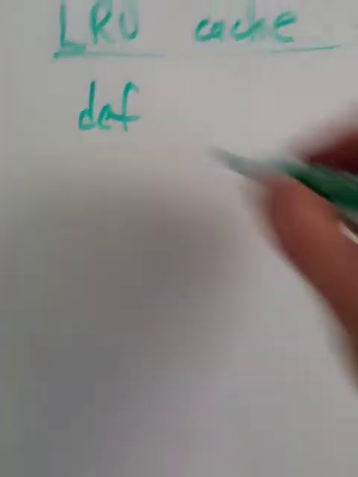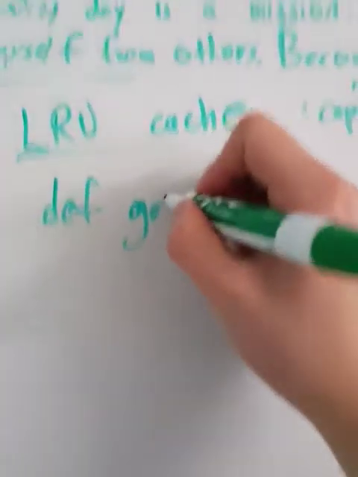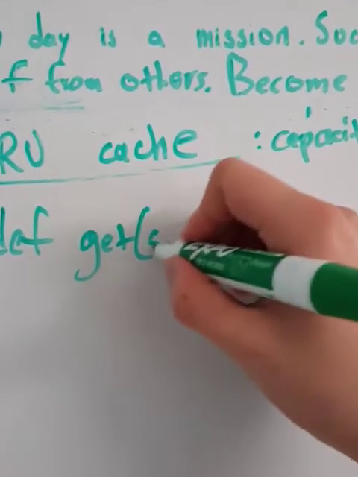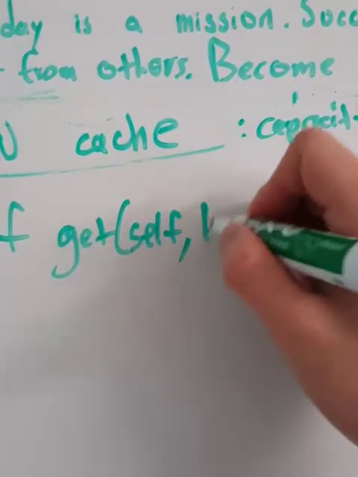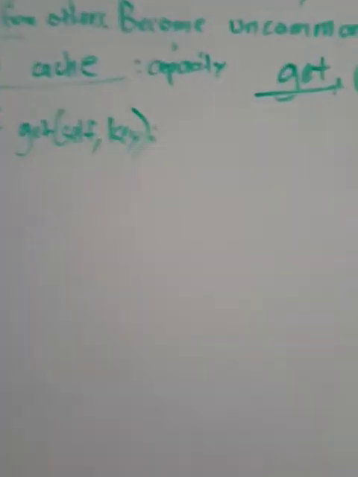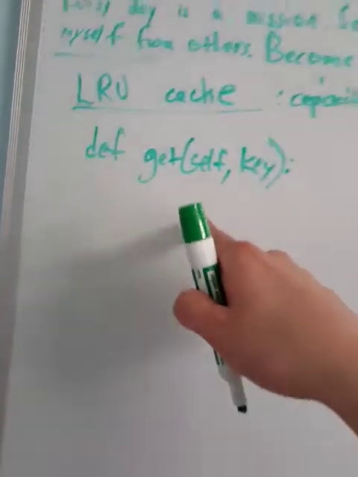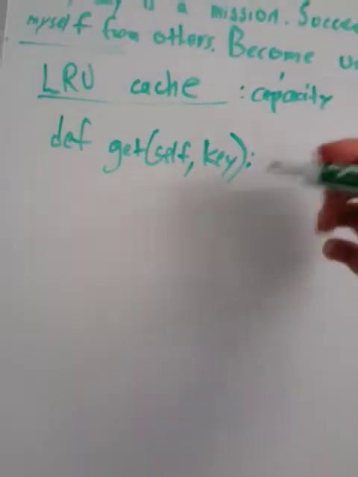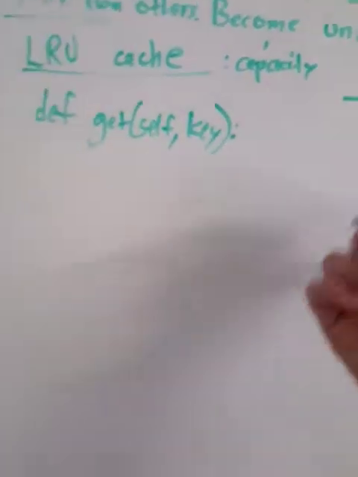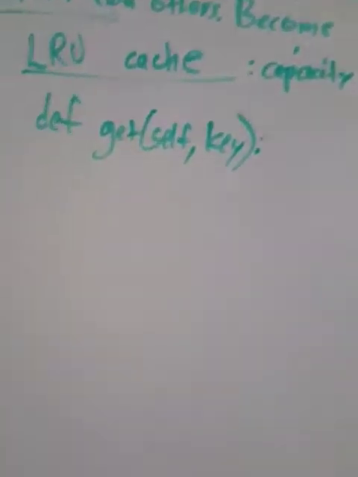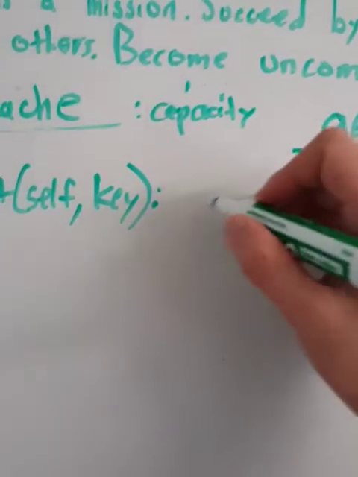Okay, so let's do the get first. Define get, self, we're getting by key. So first, when we're getting a node in our LRU cache, just the act of getting something actually updates that item to be the most recently used item. Okay, so let's say our function put is working.